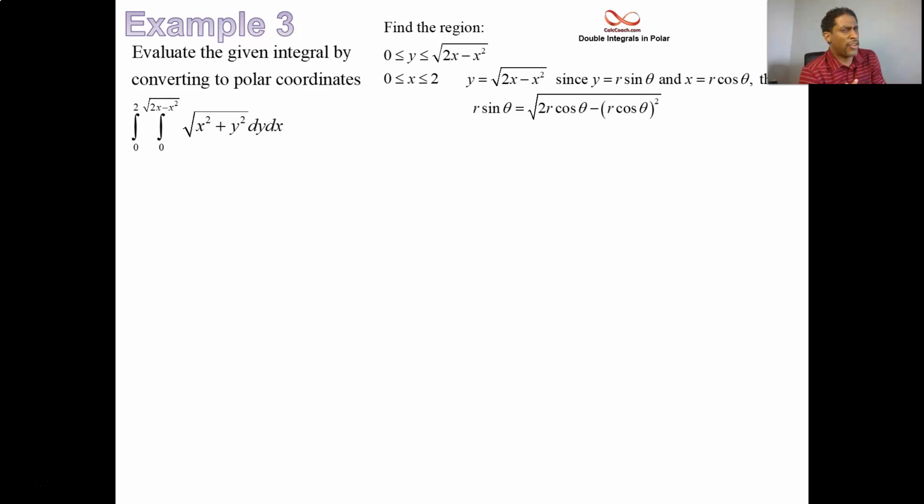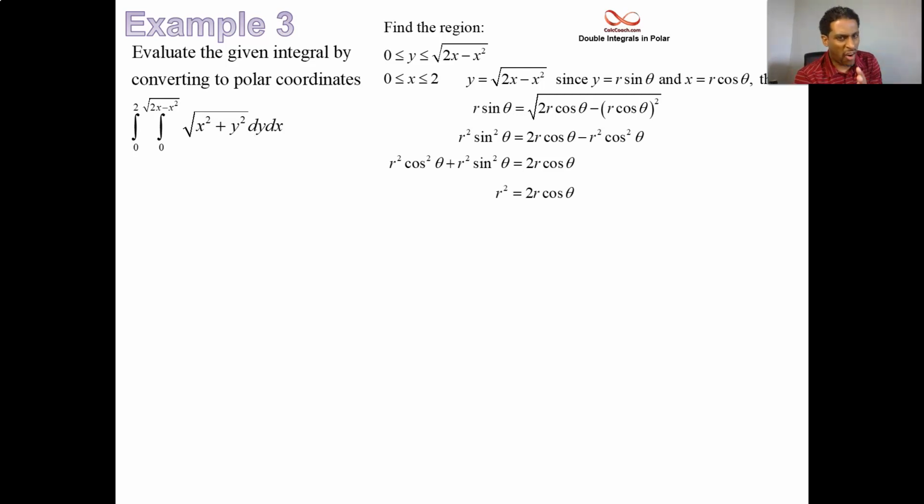And what we're going to do algebraically, to simplify this, is square both sides. We'll get r squared sine squared theta. We'll go ahead and square each piece inside, and add r squared cosine squared, because cosine squared plus sine squared is equal to 1. So that gives us, once we factor out the r squared, r squared is equal to 2r cosine theta.